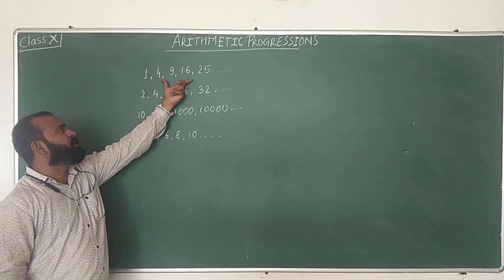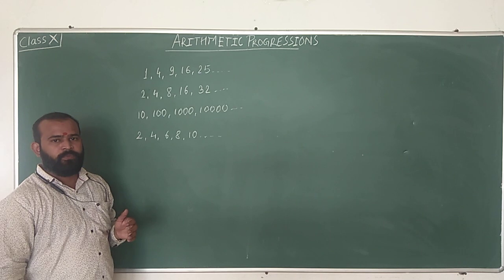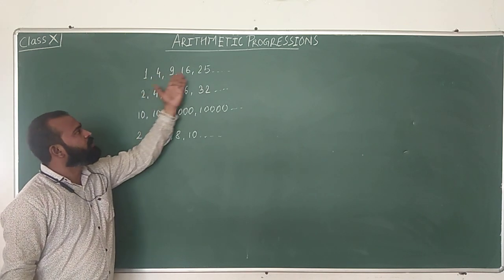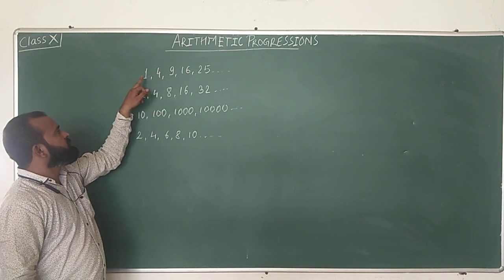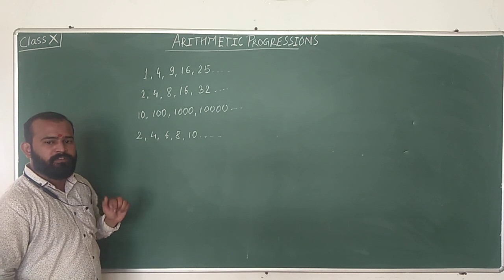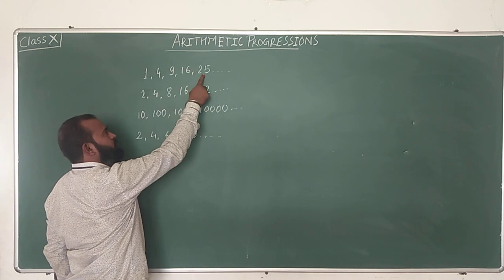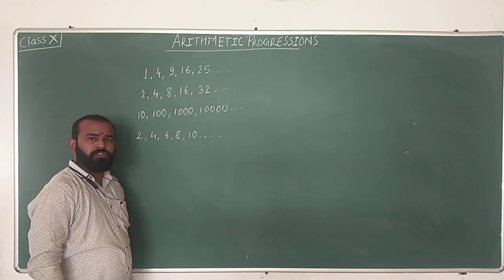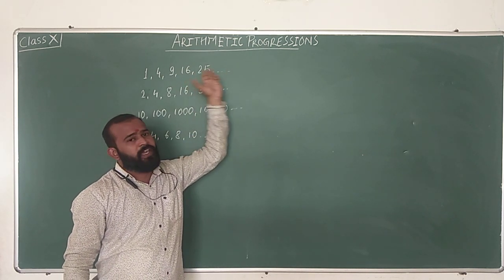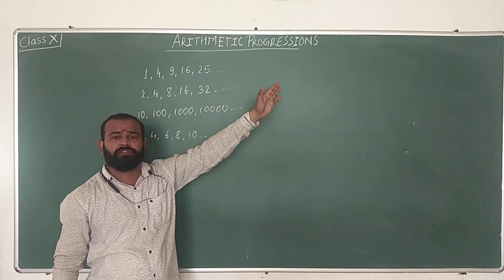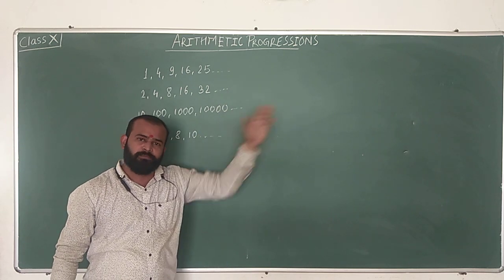This list of numbers can be defined as the squares of natural numbers. This is square of 1, square of 2, square of 3, square of 4, square of 5 and so on. So in this way we can also find the next 3 terms, 4 terms, 5 terms, because we know the pattern. As we know the pattern, we can find the next terms also.